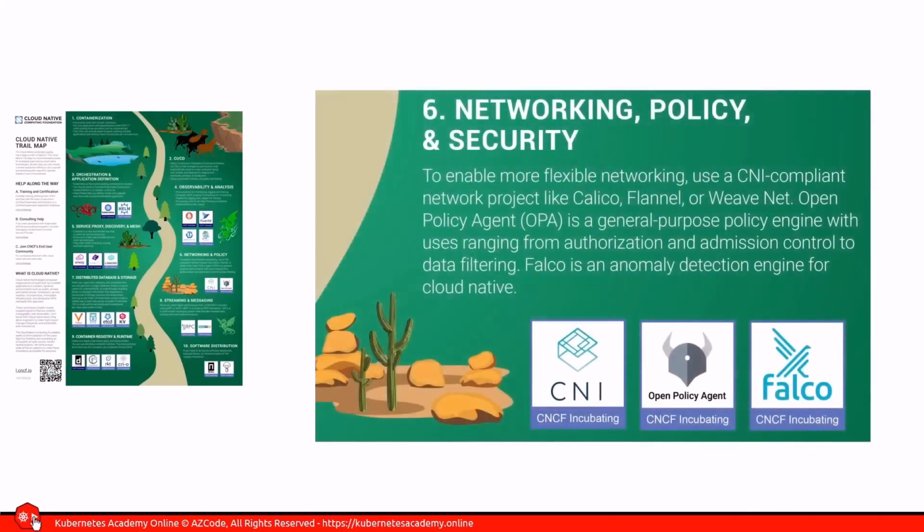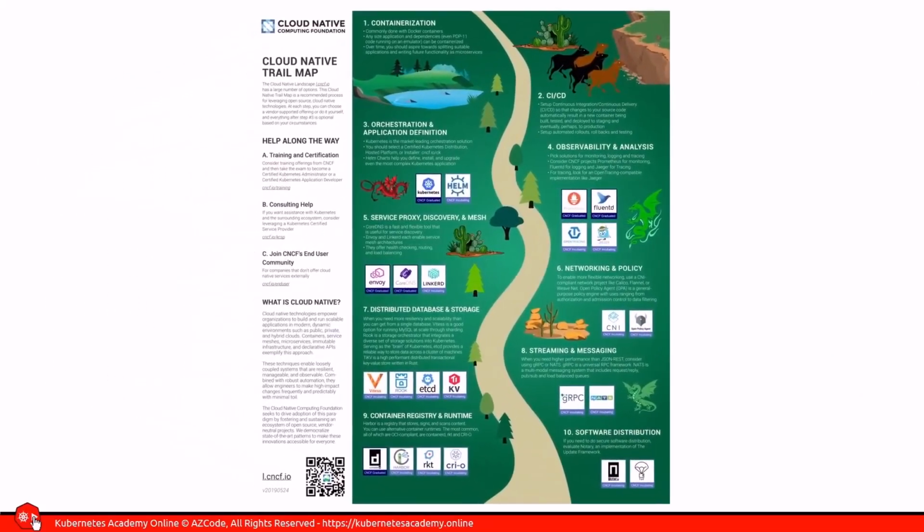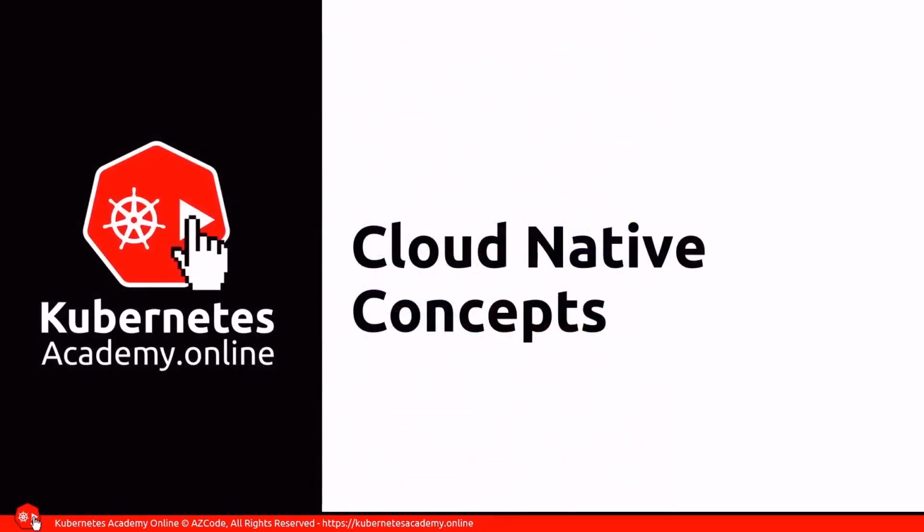Implement security through policies. And wow, these were just the first 6 steps. Now, understand that you don't have to implement all of this, and especially not at the same time. I really like this trail map because it breaks the journey into smaller steps that the management can understand and measure. And this concludes this lecture on the cloud native concepts.